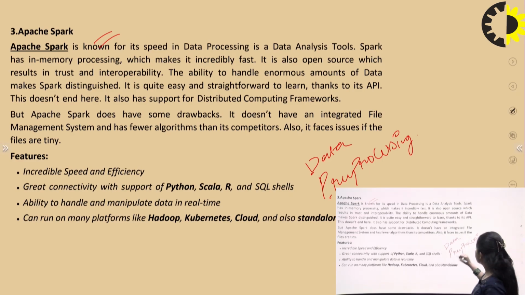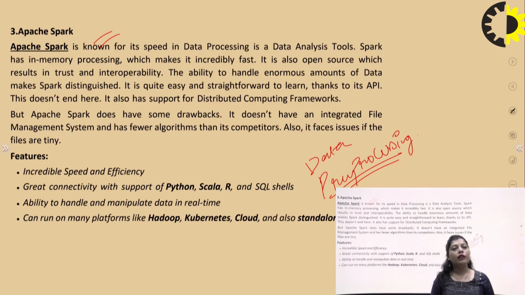In Apache Spark, we can also pre-process the data, meaning we can process it and find the relevant, important data from the raw data. Apache Spark has in-memory processing, which makes it incredibly fast, and it is also an open source tool, which results in trust and interoperability.